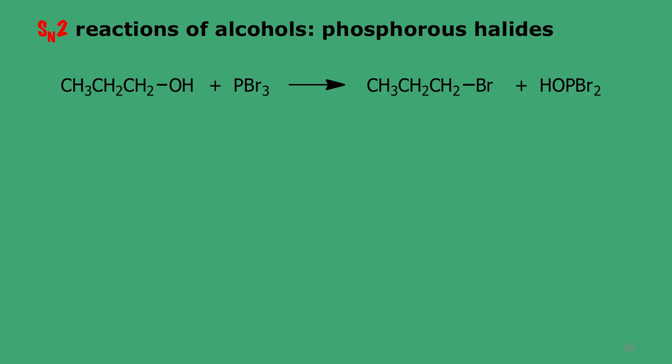So what's happening in these reactions that allows the reaction to occur? I can illustrate that with the reaction of this alcohol with phosphorus tribromide.